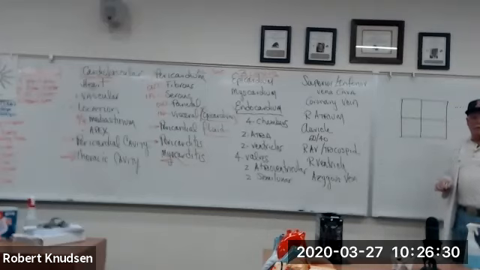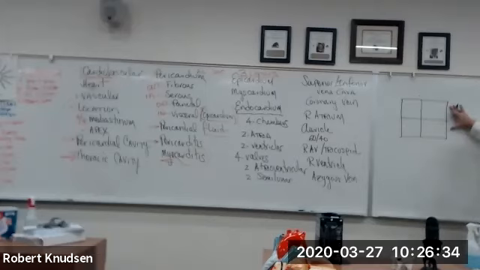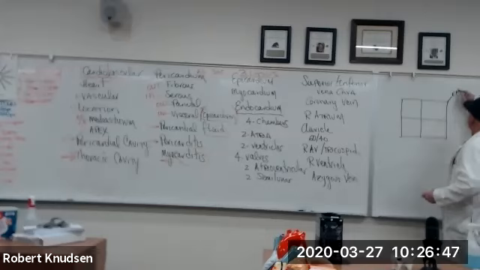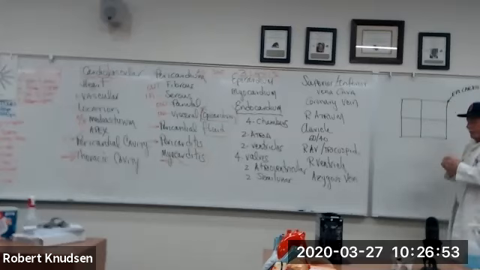Square with a cross in it. We're good? Now, this would represent the outside layer. We said the outside layer is called the epicardium. Real thin layer.